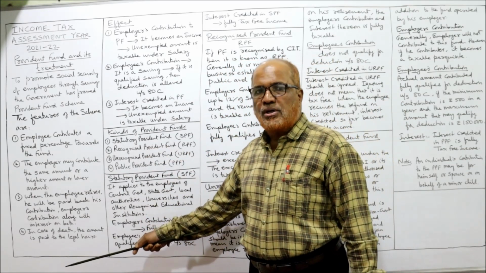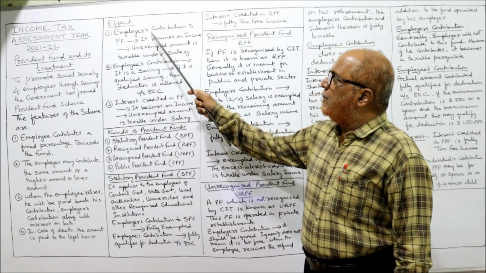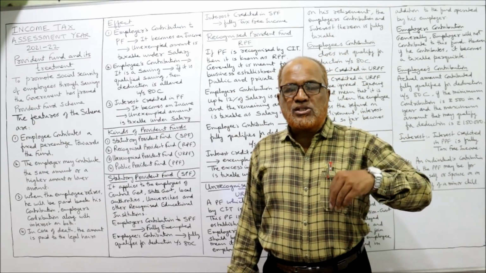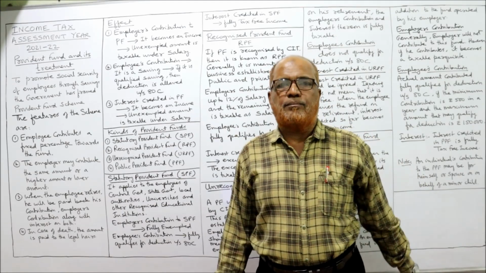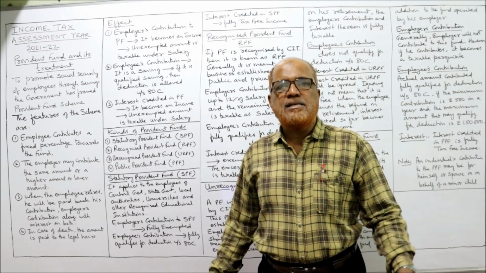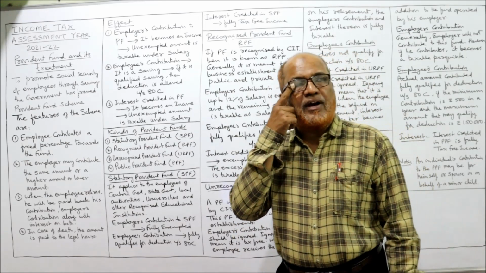These are the features. Now, what is the effect of this Provident Fund? First of all, the employer's contribution to PF. When the employer contributes from its pocket into the PF of the employee, on the employee's side it is an income. Example, monthly 10,000 rupees are deposited in your PF account.